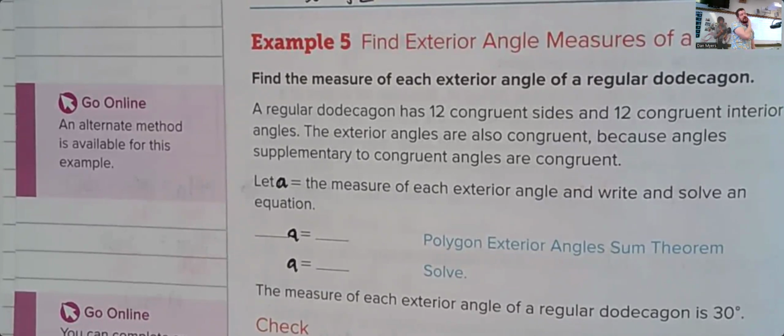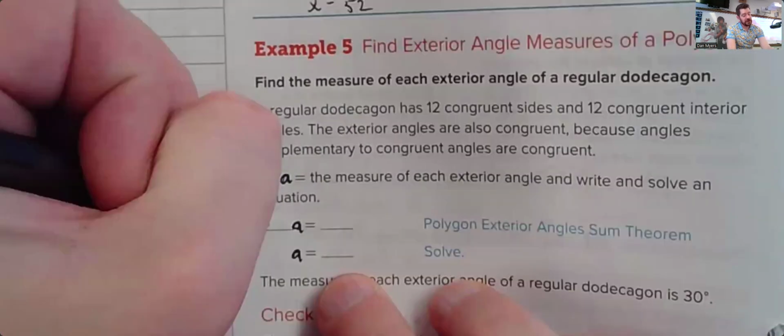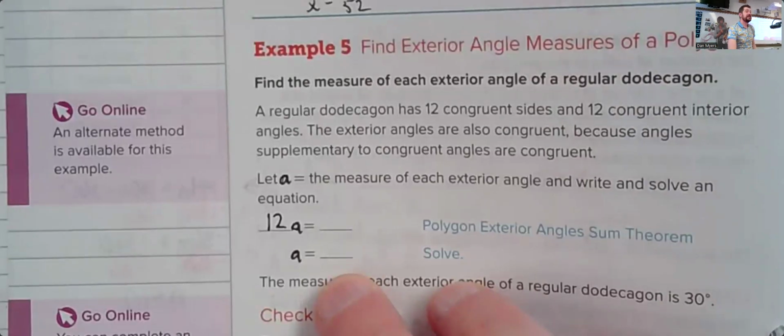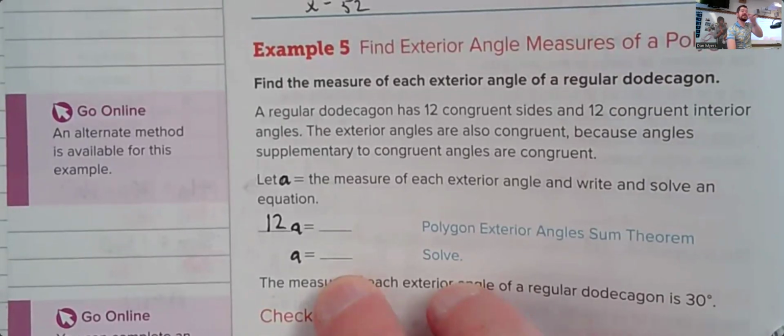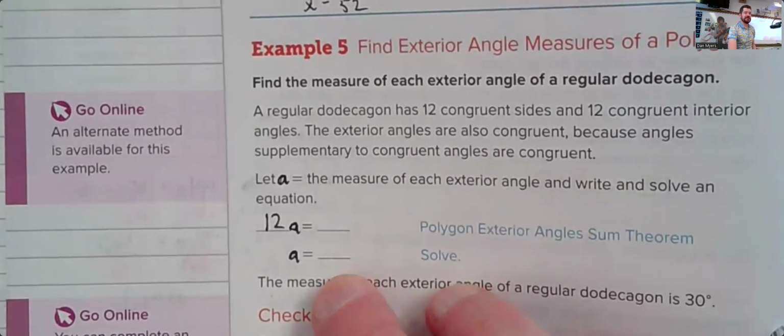So how many exterior angles are there? There's 12. So 12 times the measure of each exterior angle equals what? 360, yeah, because exterior angles always add up to 360.